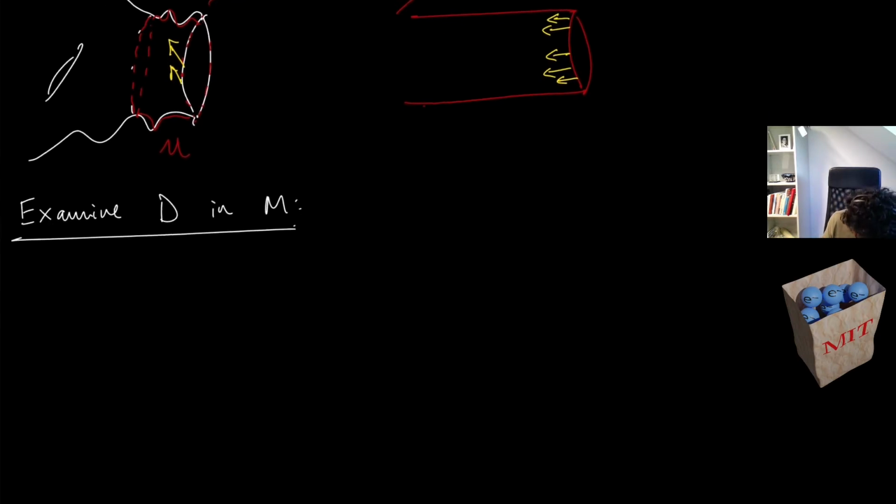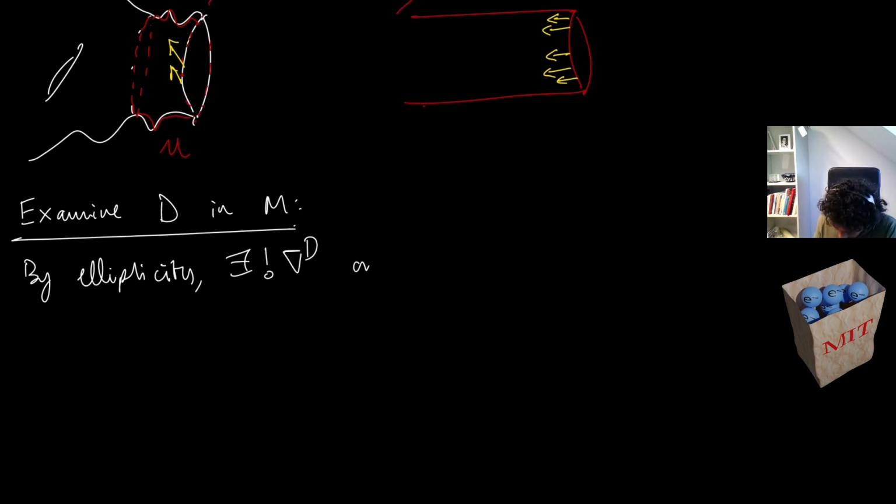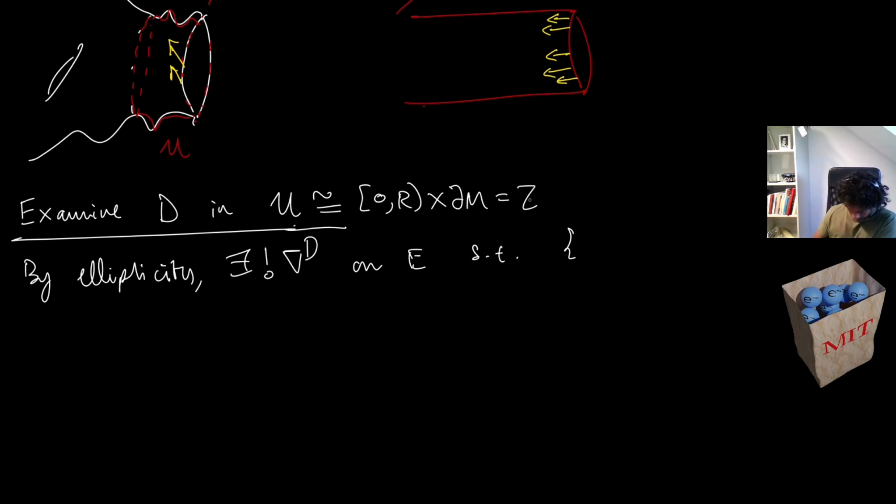By ellipticity, we can find a unique connection that depends on the operator D on E, such that in U, which as we wrote before is isomorphic to partial M times ZR, here we have some frame e_i, and I'm going to let e_n equal partial t.